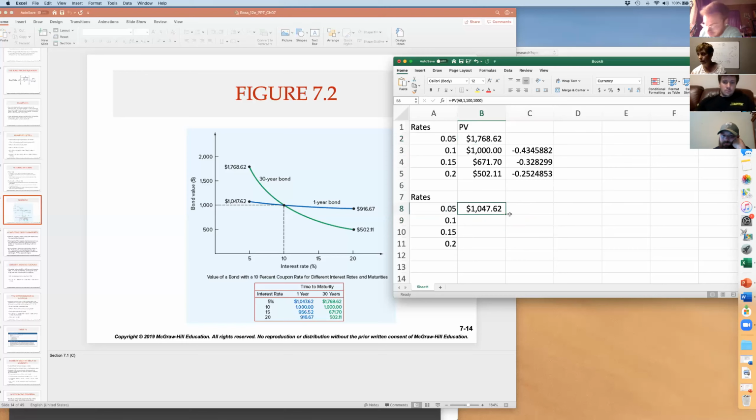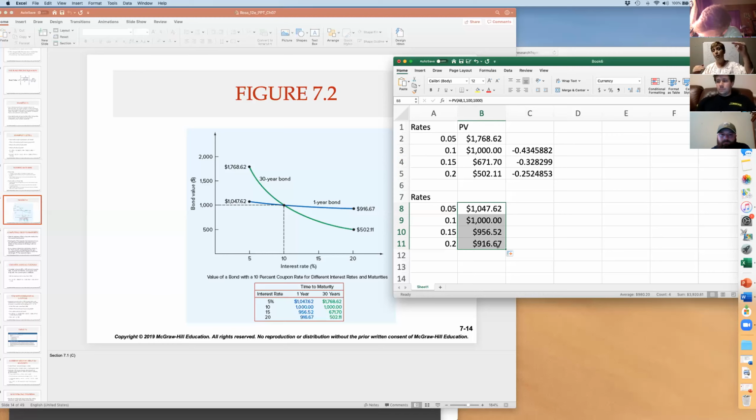Because you get far fewer coupons. It's still at a premium though, to par, right? So in other words, that interest rate was 5%, the coupon rate was 10%. Since the coupon rate is higher, it's a more valuable bond, and so it's going to sell for a premium when interest rates fall.